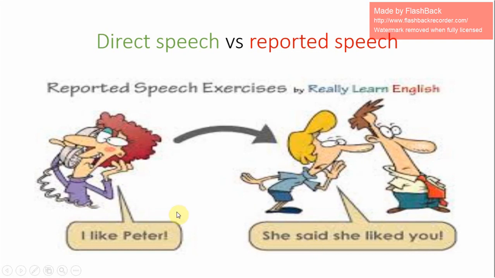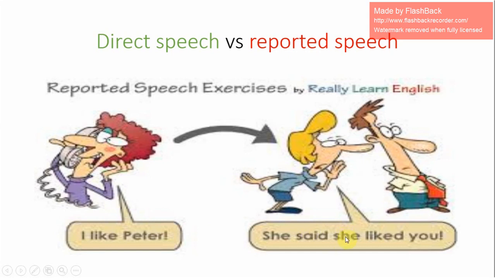Alright, so usually when we turn a sentence from direct speech to reported speech, there are certain things that we need to change. So look, for example, here, what did we change? Look what changed here. I, it turns into she, or sometimes it turns into he if the speaker is a male.